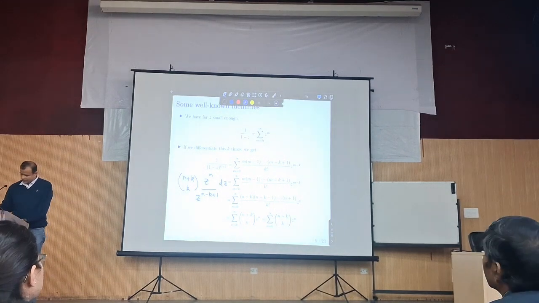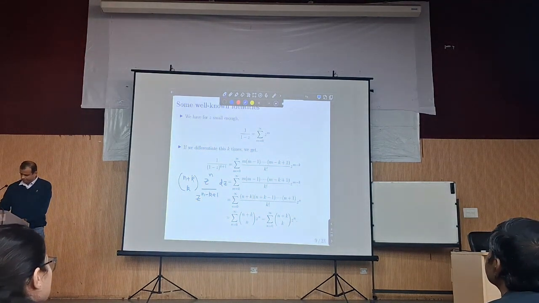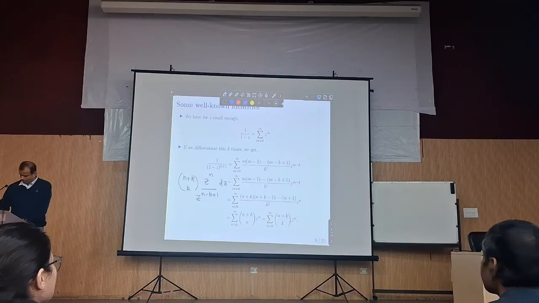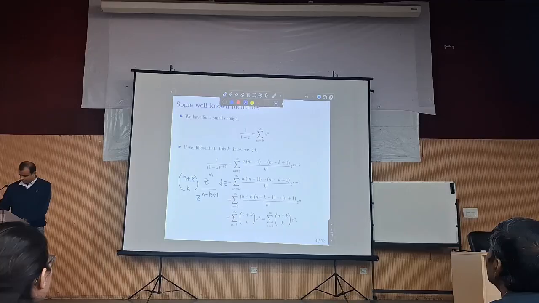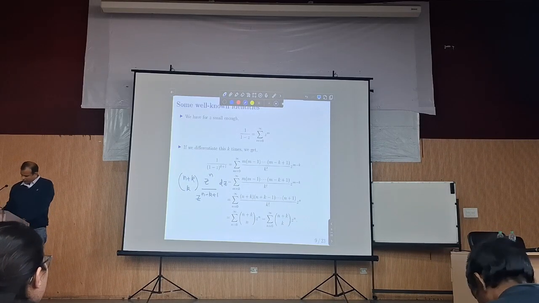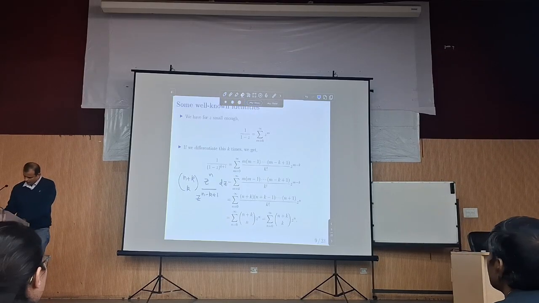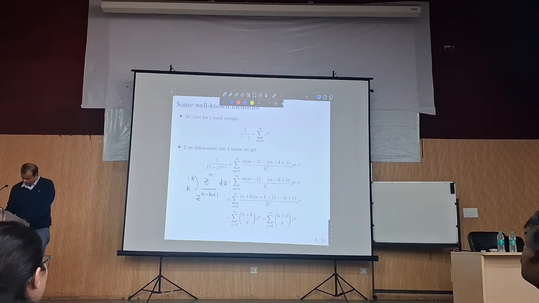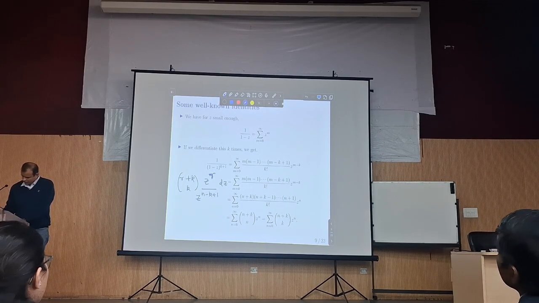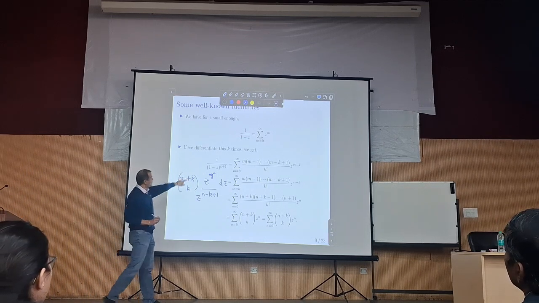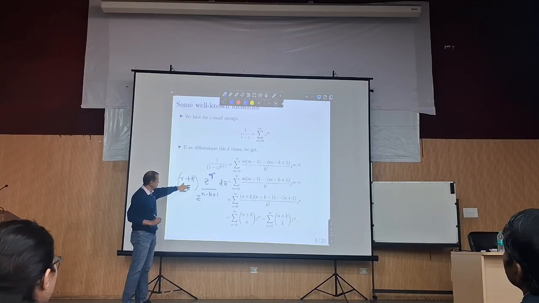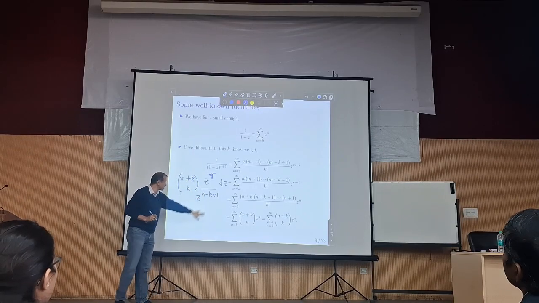Oh, maybe I should use r, sorry, because n is already a variable. So I have the sum over r from 0 to infinity of (r + k choose k) z to the r dz by z to the n - k + 1.